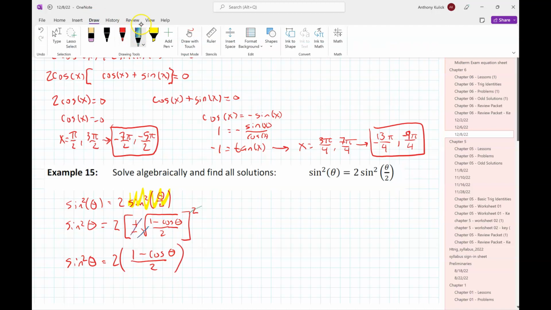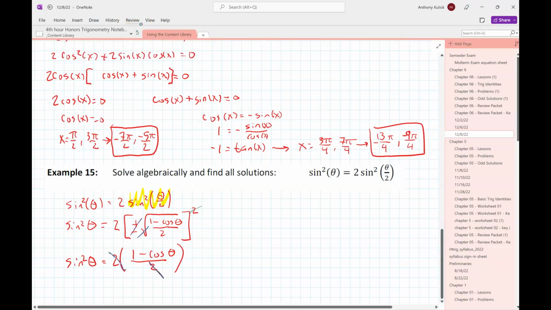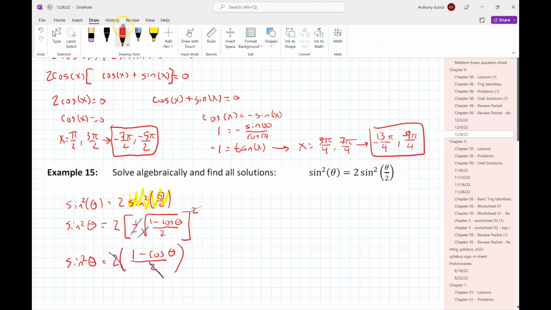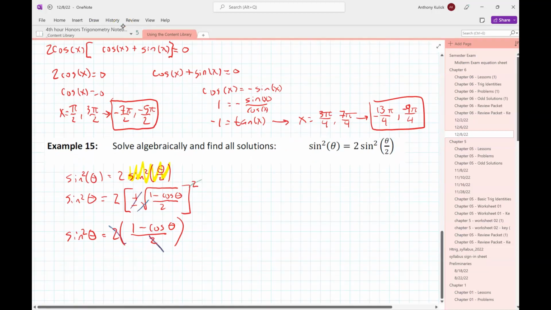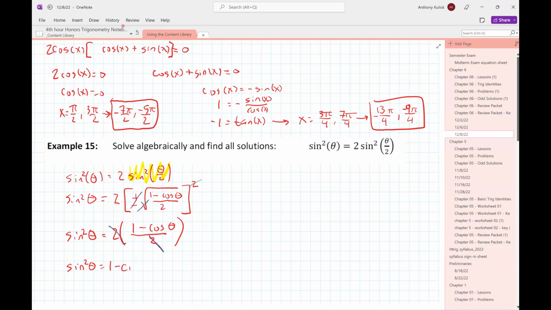And even better, look at this. The 2's can cancel. I like what's happening here. So we have sine squared theta equals 1 minus cosine theta.